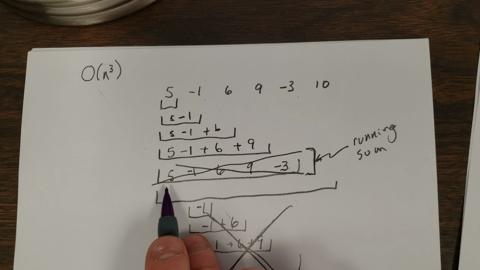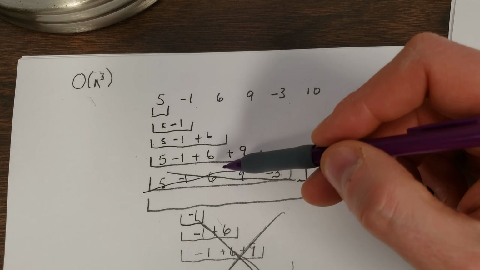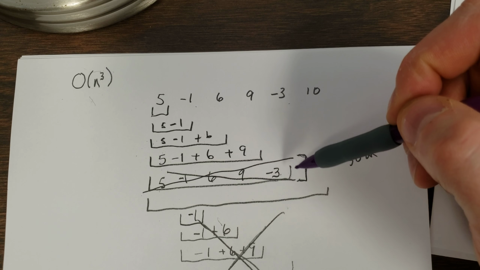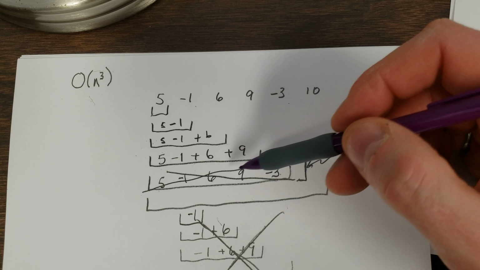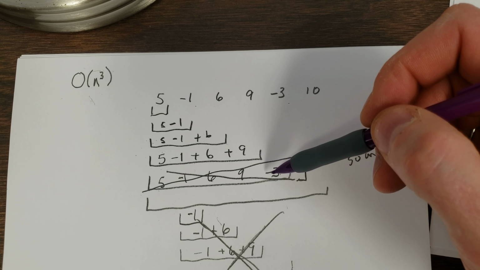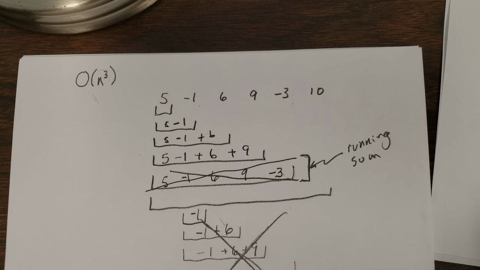But realize that for the n squared, you're not adding each one up. All you're doing is having a running sum, and you're adding in the rightmost new element and creating a new running sum there. So the n squared cannot be optimized as much using this technique, but the n squared algorithm was way better to begin with anyway.